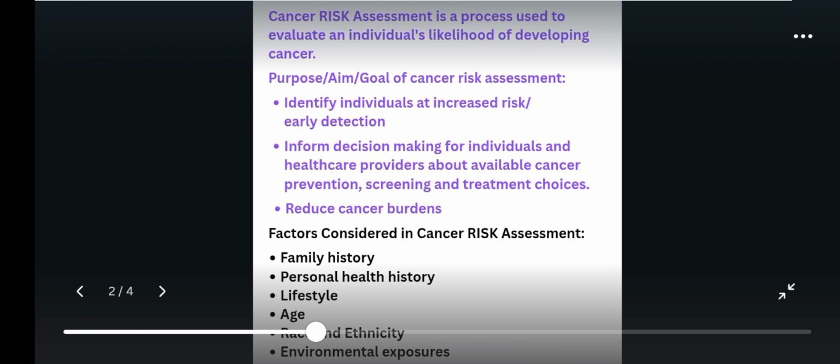So this individual can now make an informed decision on the choice to use, and if he makes a good decision, that can help for early detection of the cancer and of course treatment. And if this is done appropriately, that will go a long way in reducing the cancer burden, which has a high, negative impact in socio-economic development of any nation.